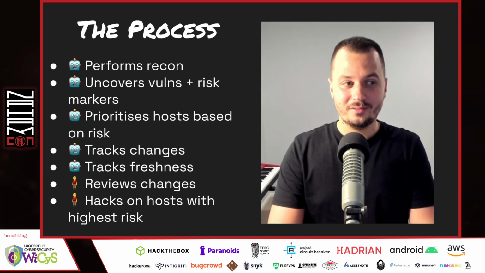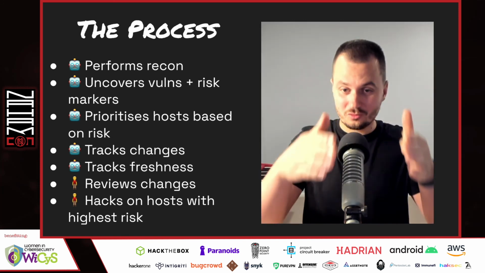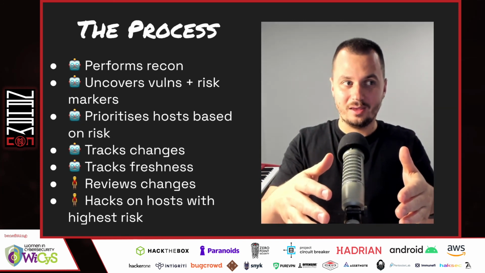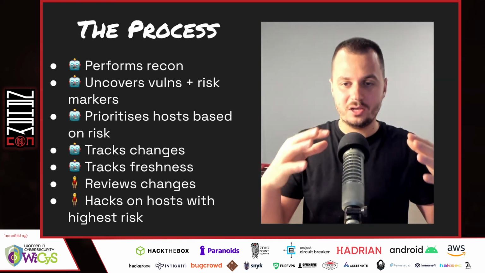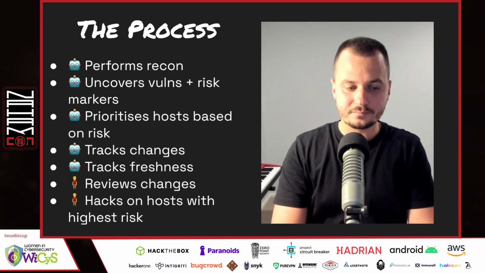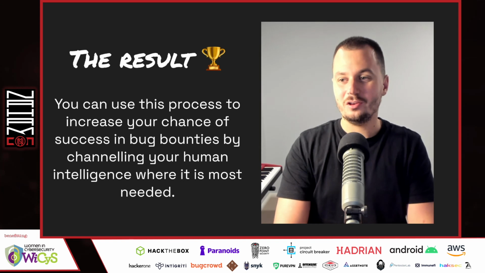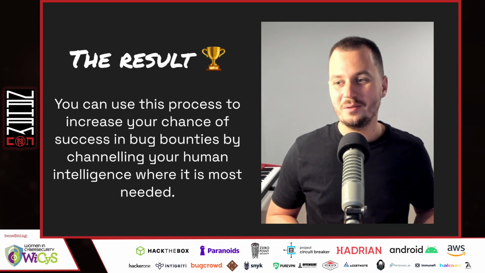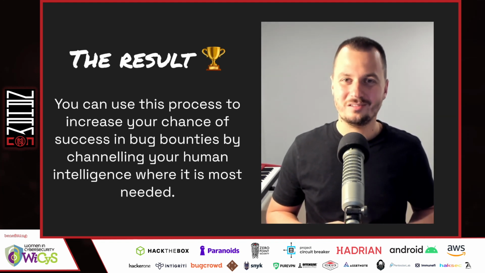That is how we can focus our human intelligence, which is a single-track, non-scalable system, by using automation to guide where we should be looking. The end result is that you can use this process to increase your chance of success in bug bounties by channeling your human intelligence where it is most needed.